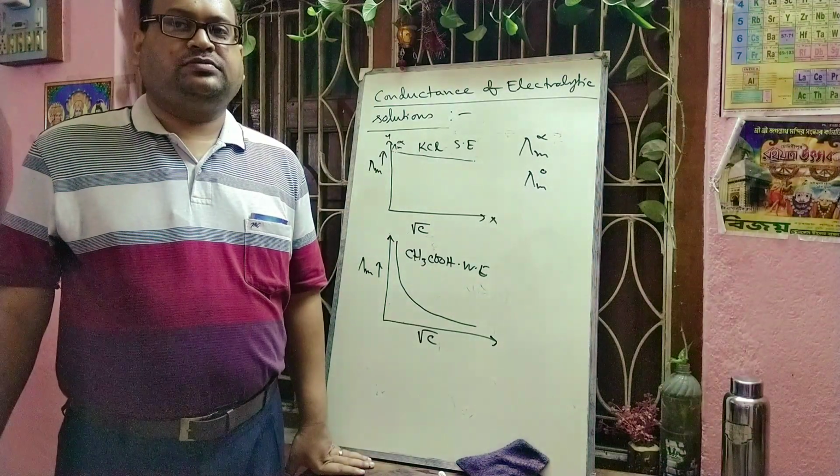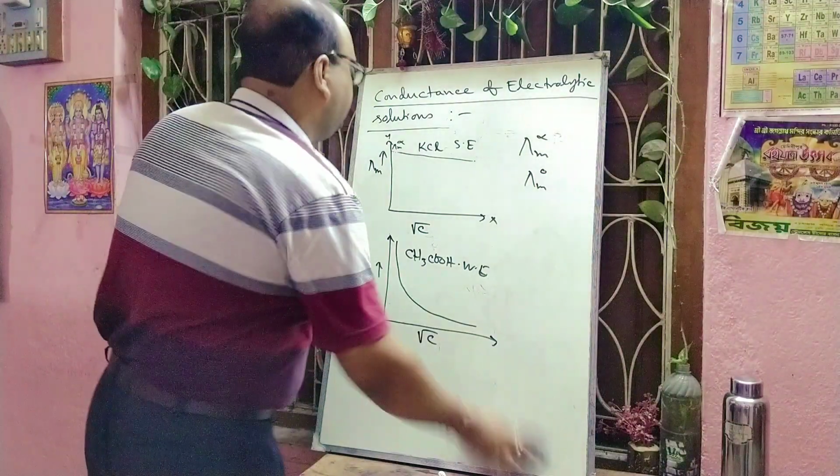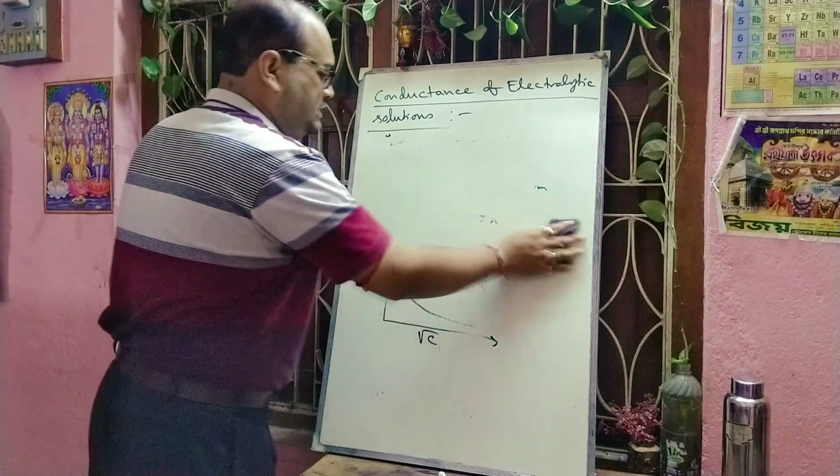Now what will be the mathematical representation of Kohlrausch law? That we will write here, then you can easily understand.